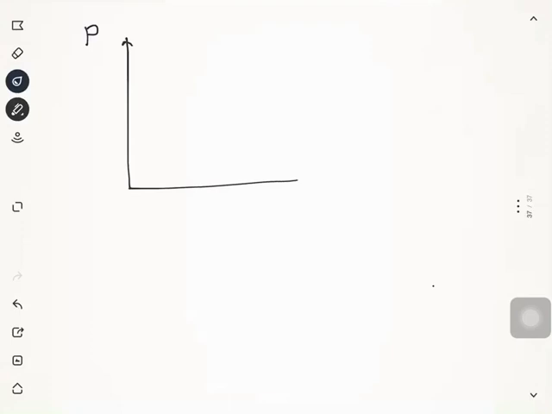So remember that our pressure is dependent with the height.